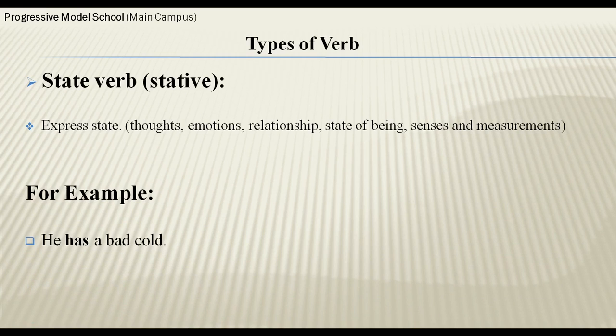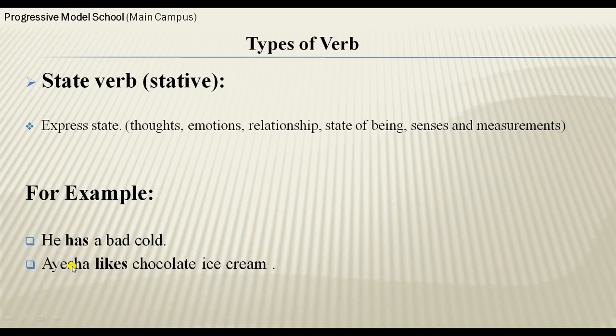He has a bad cold. So here, this sentence is not indicating about his action. He is not performing any specific action, but this sentence is giving us the information that he is in cold. So the word has is a verb, but it is a stative verb.